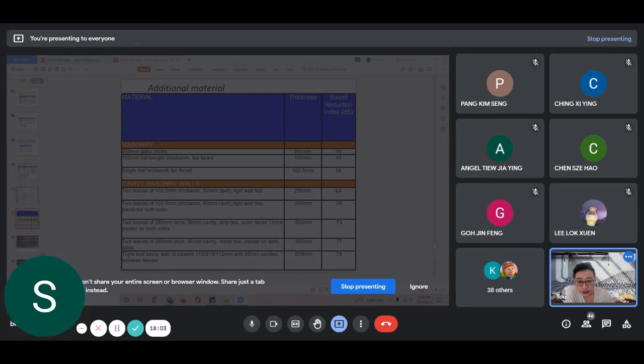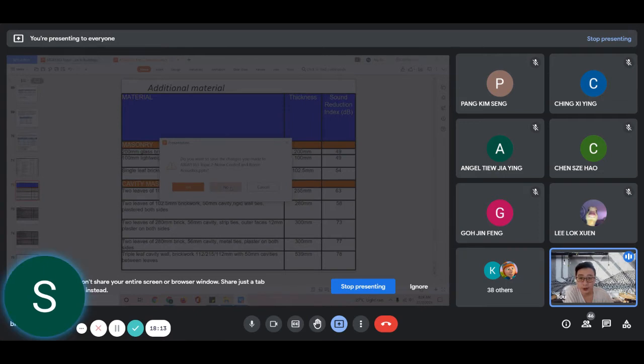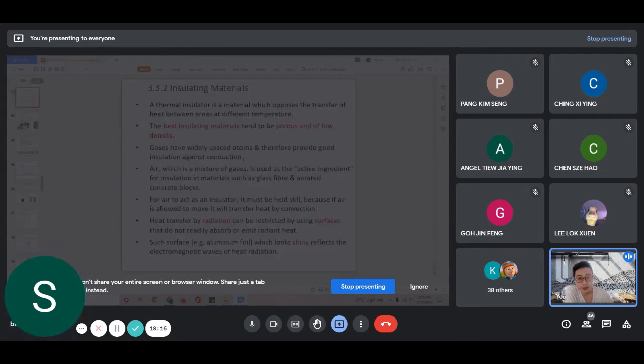So the cavity or air gap, when you put different layers there, acts as a barrier, not just for noise but also for thermal insulation. Meaning when you have a lot of layers in between the exchange of this thermal energy, we will be able to effectively restrict the transfer of this heat energy.